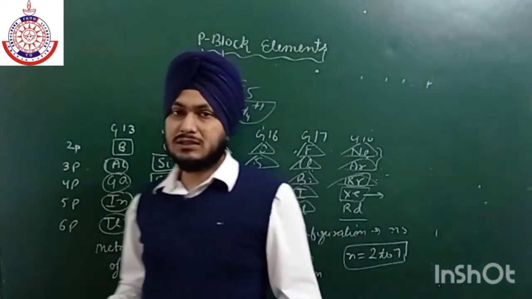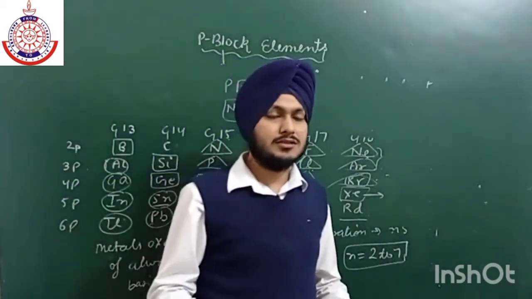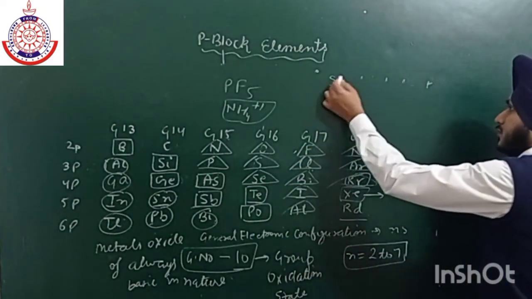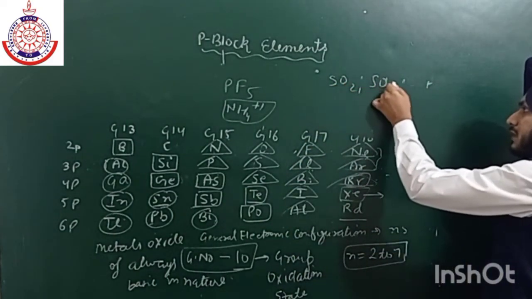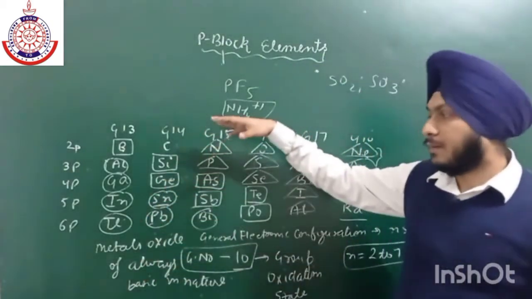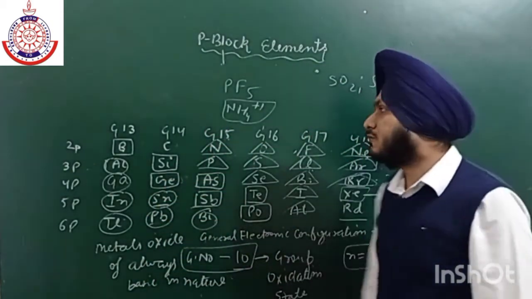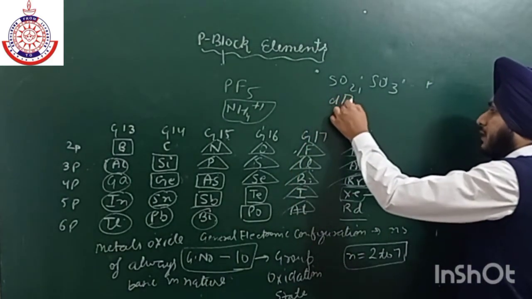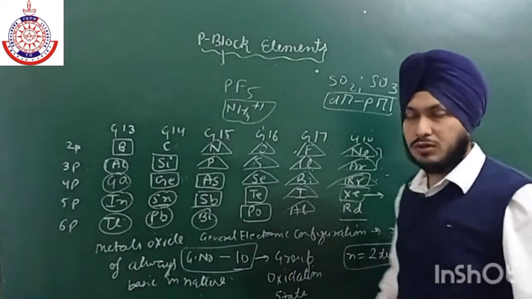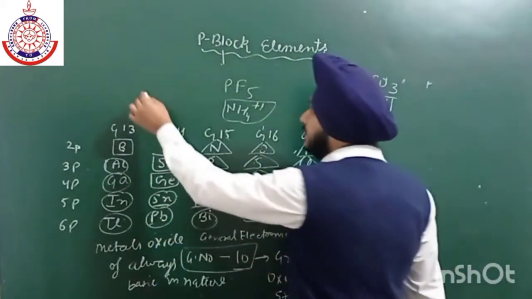Due to this, they also don't have a tendency to form dπ-pπ bonding. Like in case of SO2, SO3, there is dπ-pπ bonding present. As we move from lower member to higher member, the tendency to form dπ-pπ bonding is more. dπ-pπ bonding is not so effective because overlapping is very less.